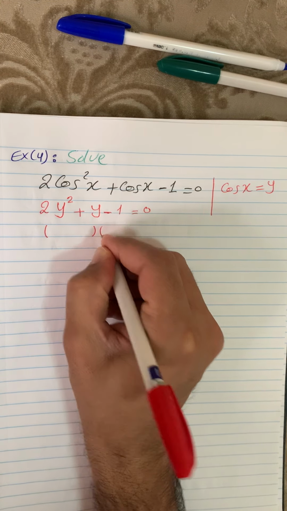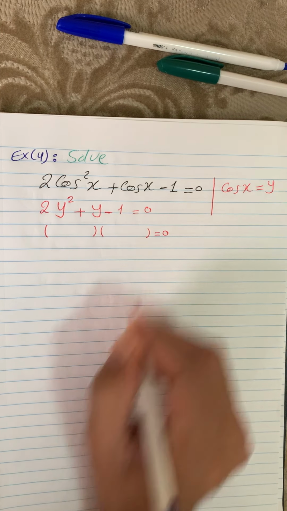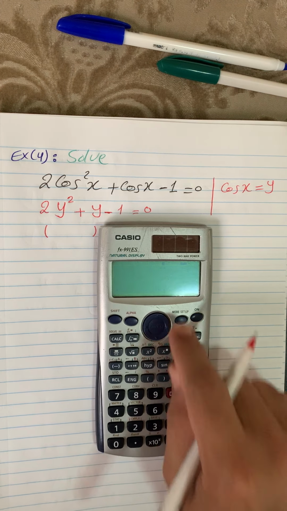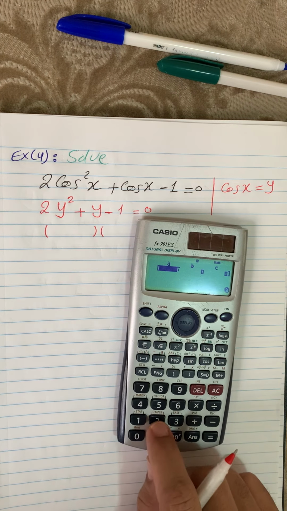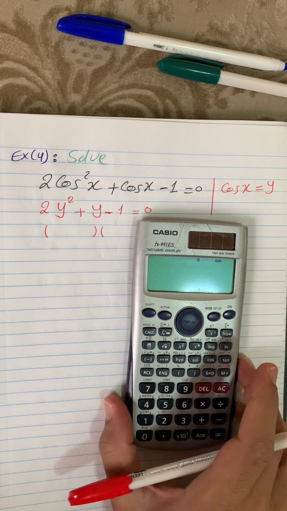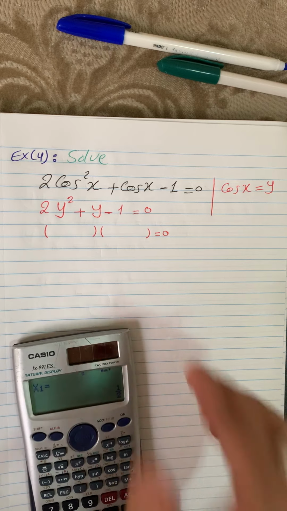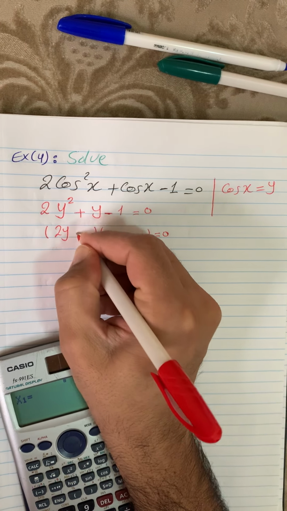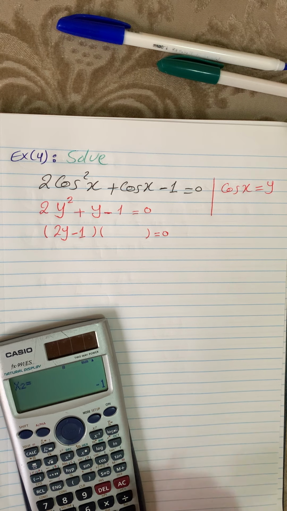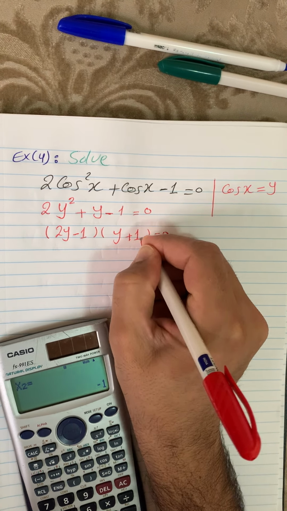Now let's factor this expression. You can use the calculator. 2, 1, negative 1 equals a half. It means 2y minus 1 and y plus 1.